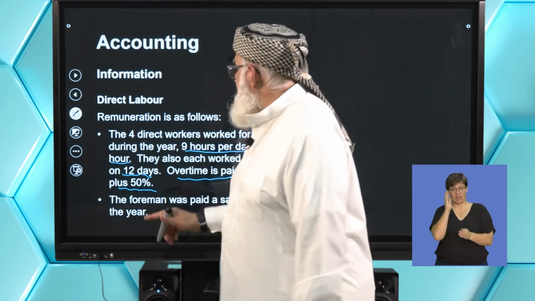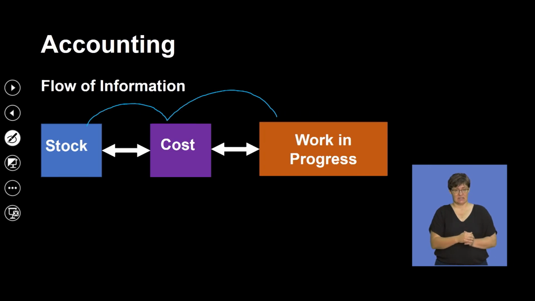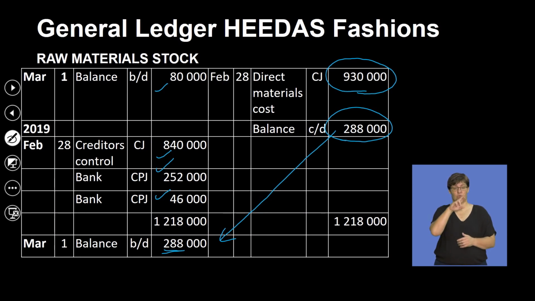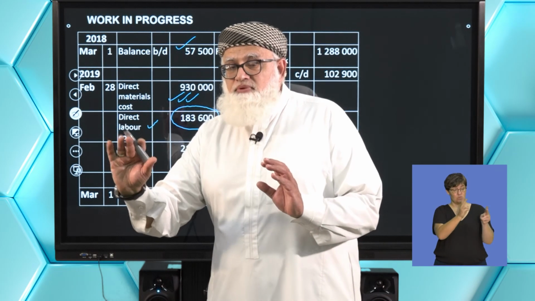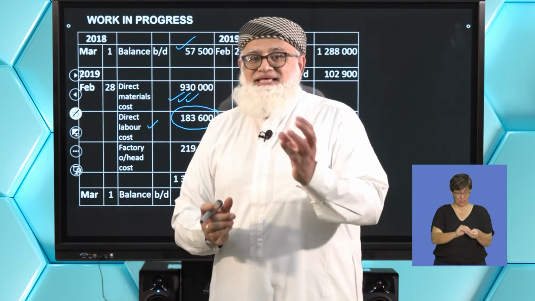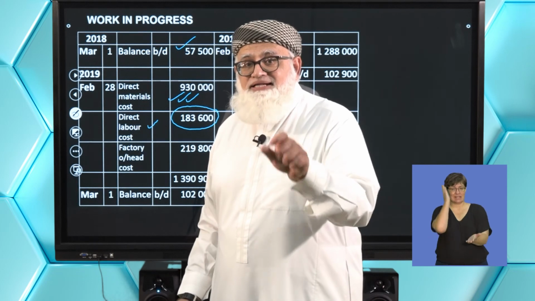Of the direct laborers. And you can clearly see that if we go into our ledger account, your gross salary for your direct laborers would amount to a value of 183,600. So once again, work out the direct labor for the normal time, add the overtime to it, the total amount is what goes into my work in process or work in progress account, because that represents direct labor.